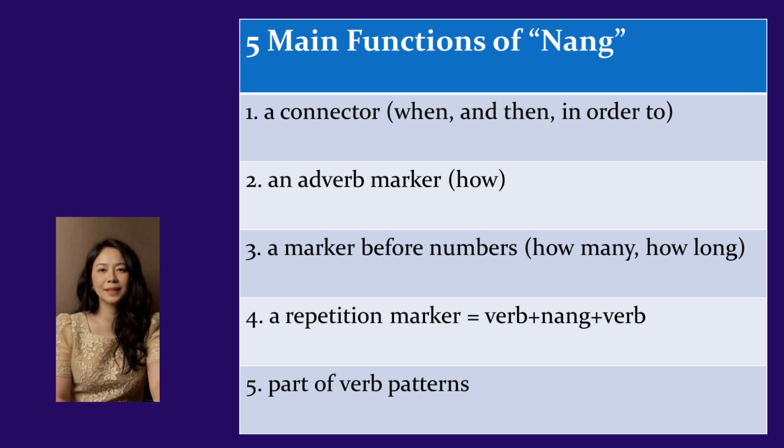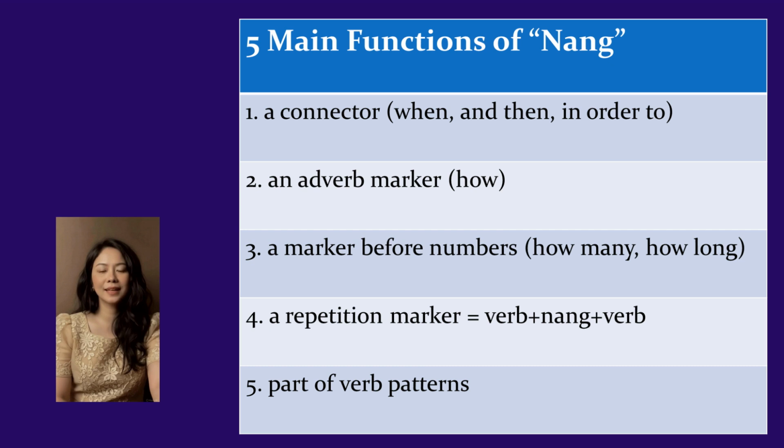Number three, nang before numbers. Nang can appear before numbers to show how many or how long. Number four, nang in repetition patterns. Tagalog uses verb plus nang plus verb to show repeated or continuous action.